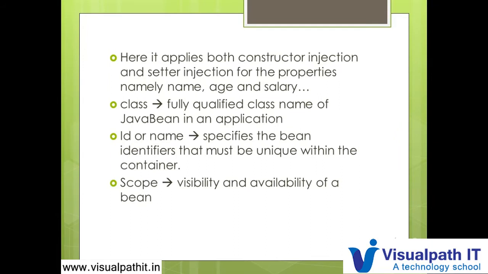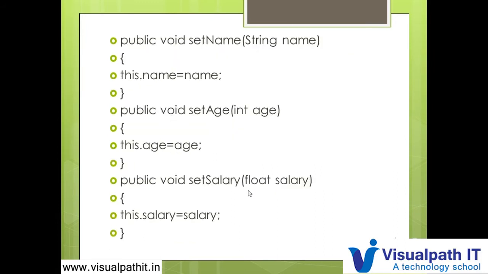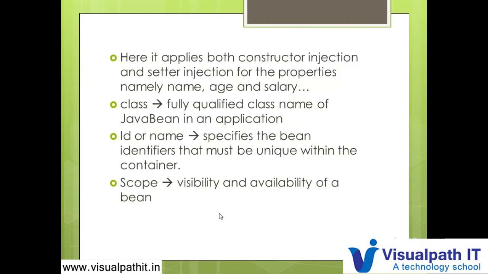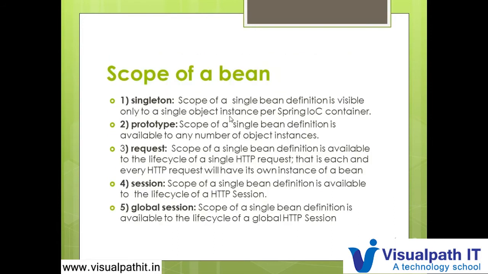That is, how far it is visible and available throughout the project. That is very important. That forms the scope. If we consider this, we are having both the constructor injection and the setter injection here. We will see how it has both in our next coming slides.